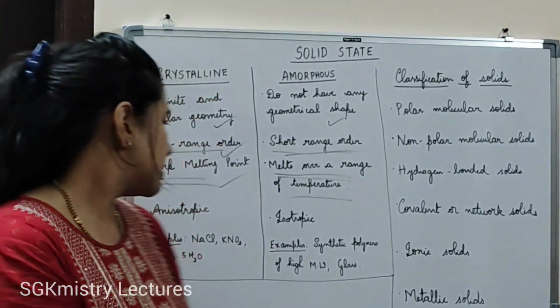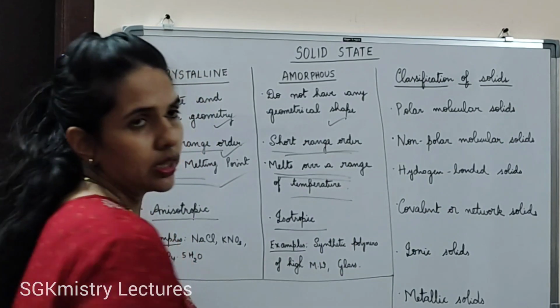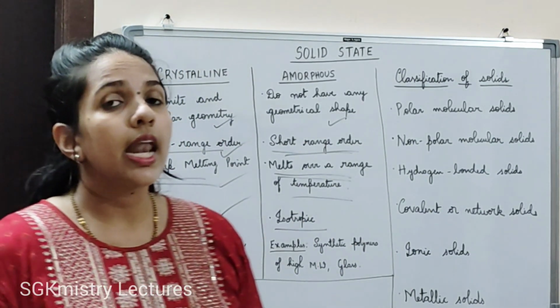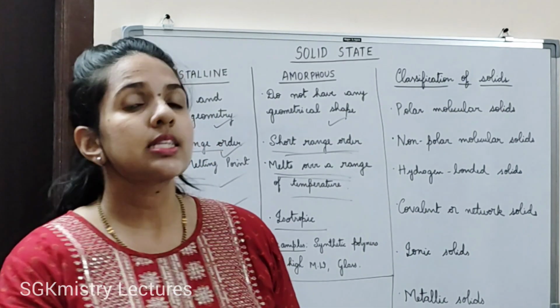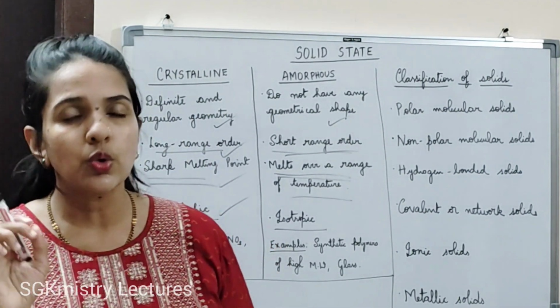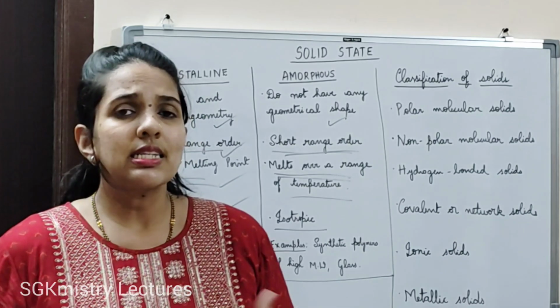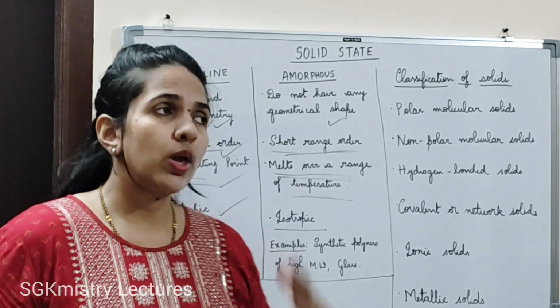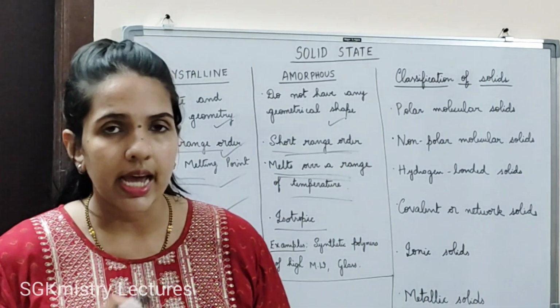The last, important difference between these two: crystalline solids are anisotropic in nature, whereas amorphous solids are isotropic in nature. Now what is anisotropic and isotropic? Why do we call crystalline solids anisotropic?